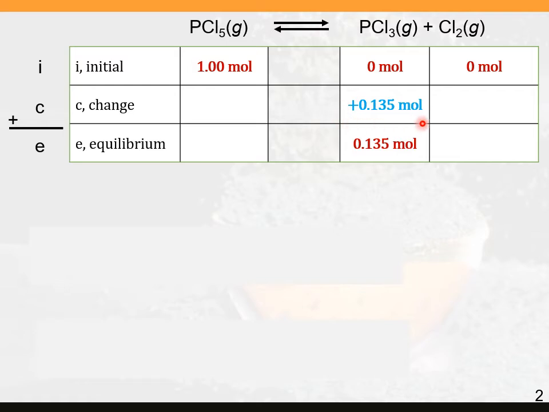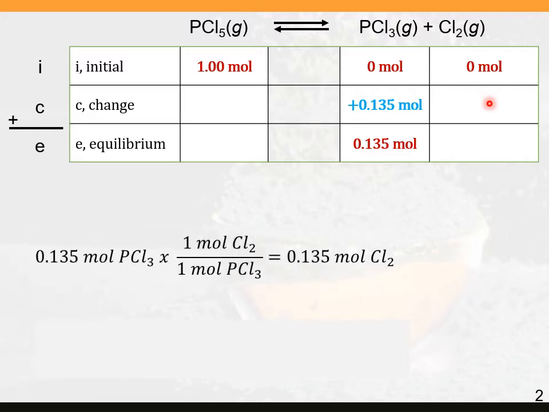Once the change in phosphorus trichloride is determined, we can calculate the change in other species. Let's first calculate the change in the number of moles of chlorine. We're going to use the stoichiometric ratios, 1-to-1 ratio, to convert the moles of phosphorus trichloride to moles of chlorine. It also calculates to be 0.135 moles.